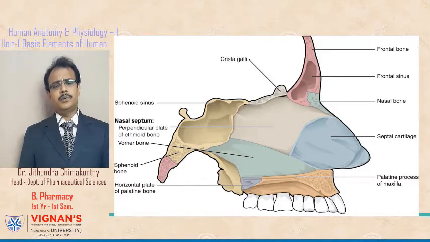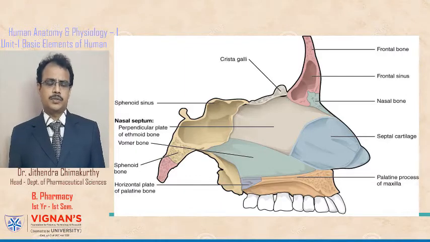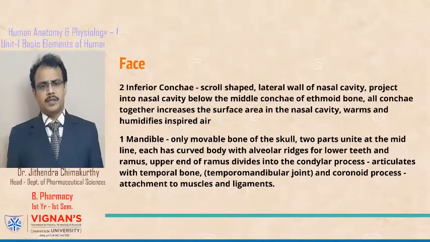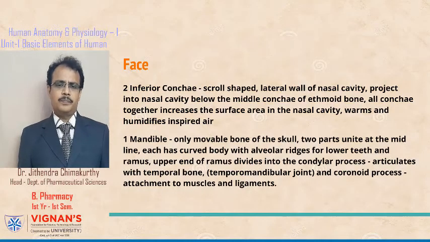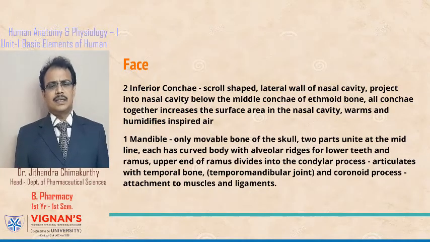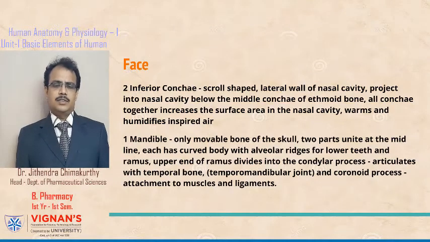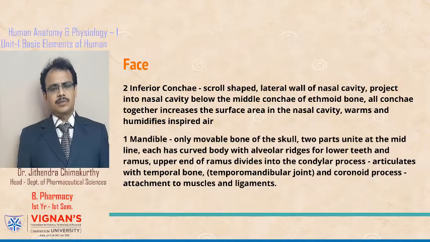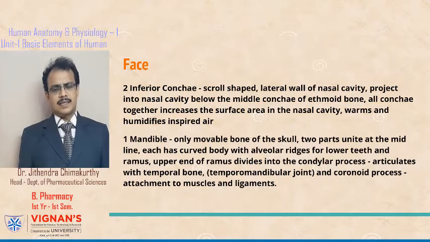There are two inferior concha. Now let's see the other bones of face, the inferior concha. We have seen the superior concha and the middle concha are a part of lateral walls of ethmoid bone, and the inferior concha also have the same purpose, and these have scroll shaped structures, and these also are necessary for increasing the surface area of the nasal cavity.